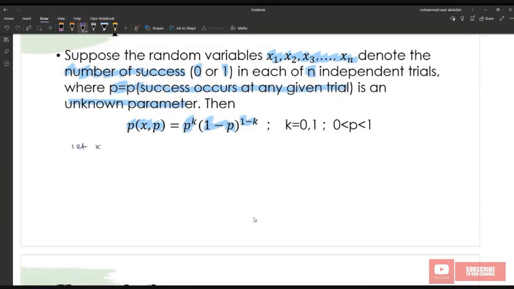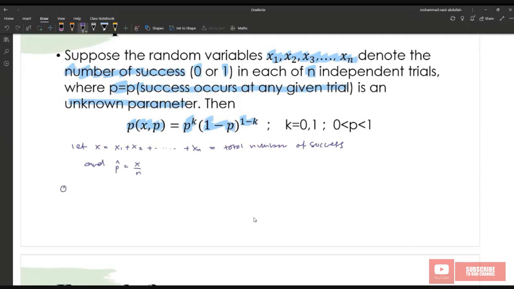let X equal X1 plus X2 plus until Xn, which is the total number of successes, and p hat is equal to X over n.